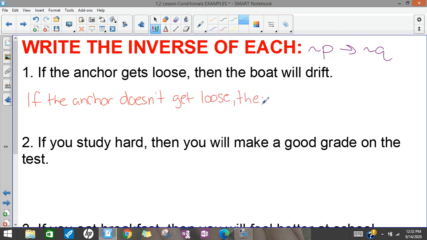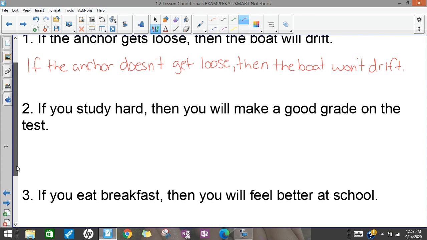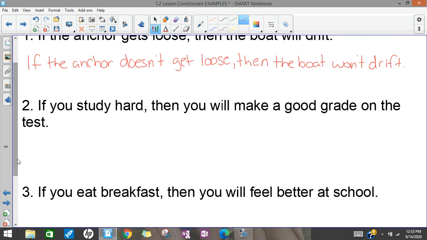Then we have to do the opposite of the boat will drift. The opposite of the boat drifting is the boat not drifting. Then the boat won't drift. You can say the boat will not drift, the boat doesn't drift, the boat isn't drifting, something that makes sense with what the original was. Again here, P and Q are staying in the same order, we're just changing the meaning.